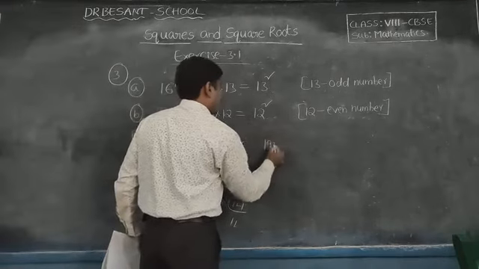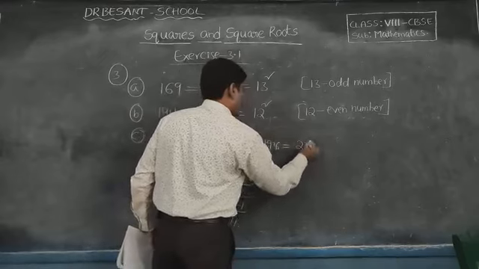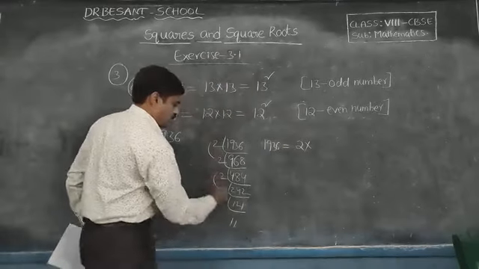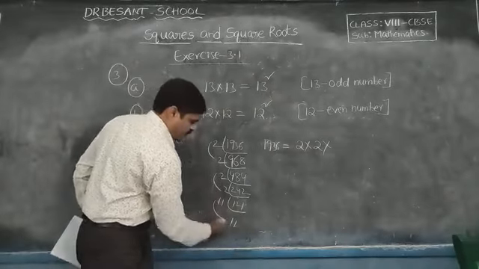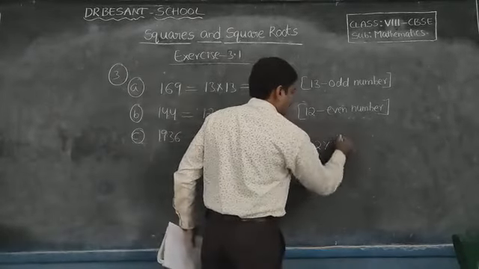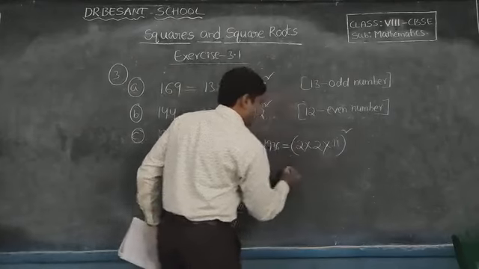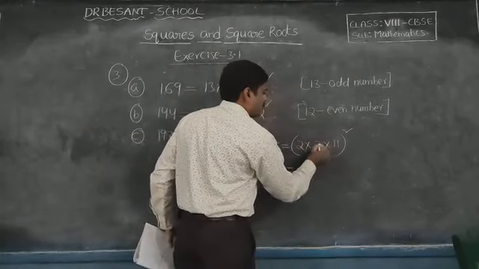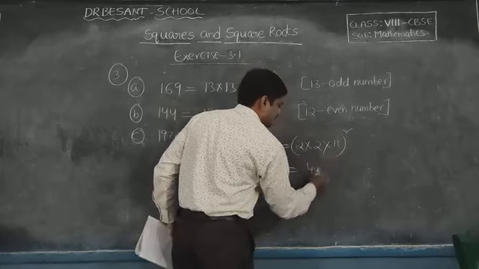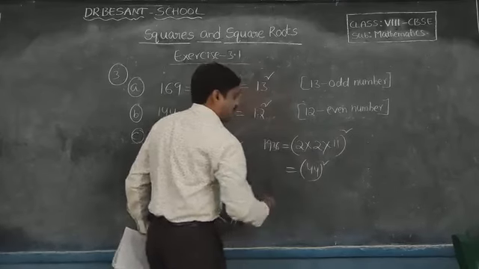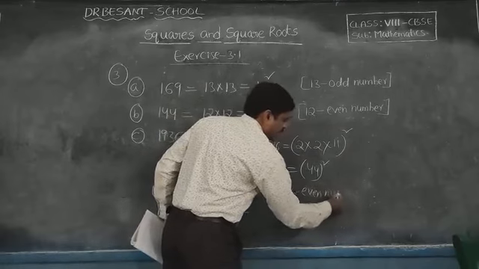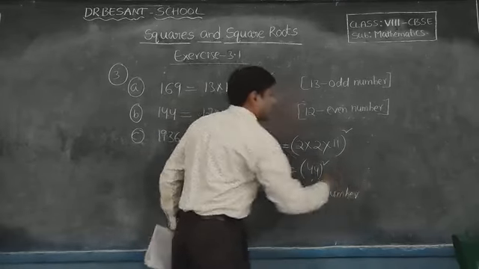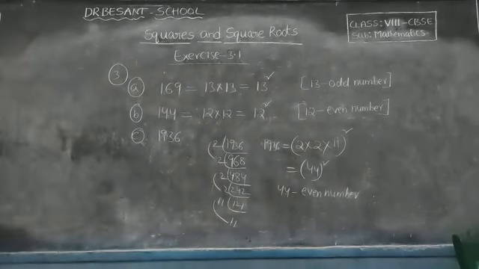So 1936 is equal to 2 into 2 into 2 into 2 into 11 into 11. This is one pair, this is one pair, this is one pair, so (2 into 2 into 11) whole square. So 2 2s are 4, 4 11s are 44. So 44 is also an even number. Children, note down. So like this we have to do.